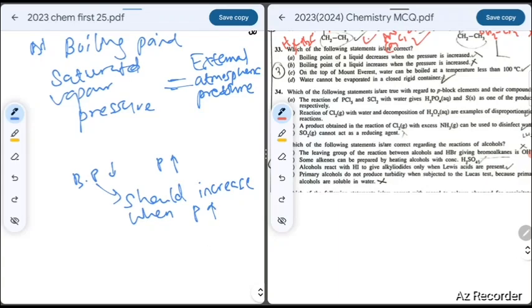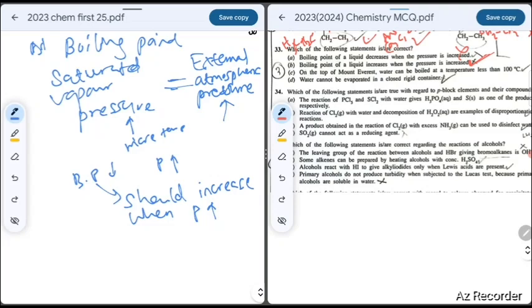Because when the pressure increases, the external atmospheric pressure becomes high, then the saturated vapor pressure also should become high. Therefore, we have to supply more temperature to equalize the saturated vapor pressure with the external atmospheric pressure, because now the pressure is high. So A is wrong. Boiling point of a liquid increases when pressure is increased. Yes, that is the answer.